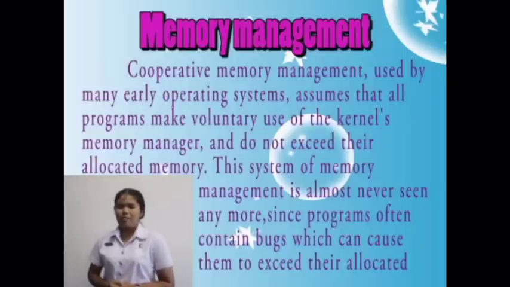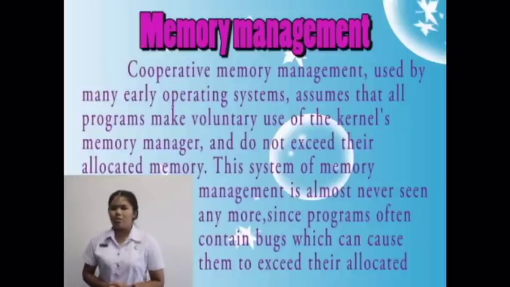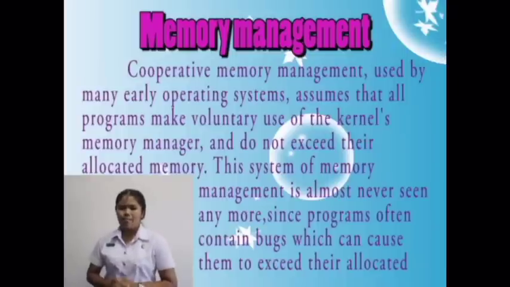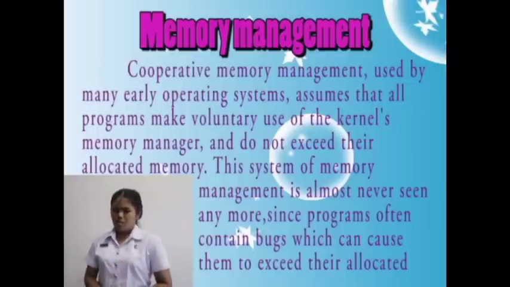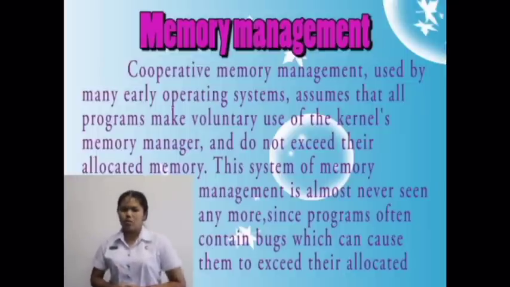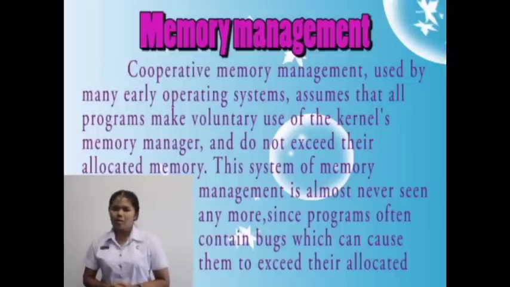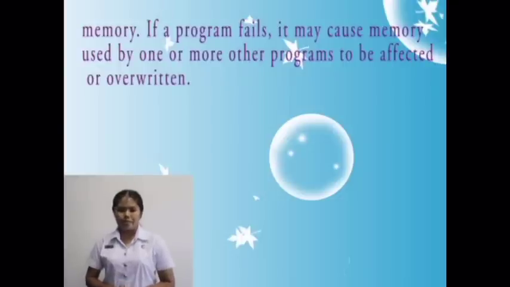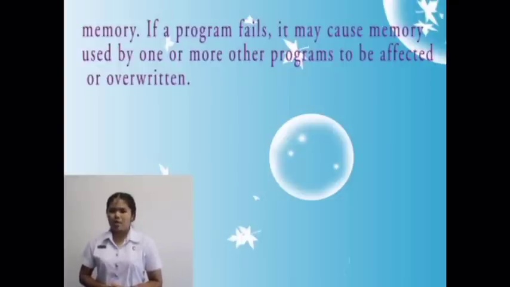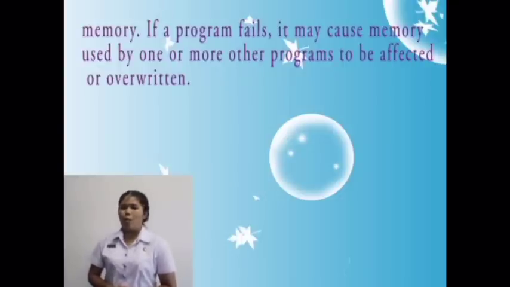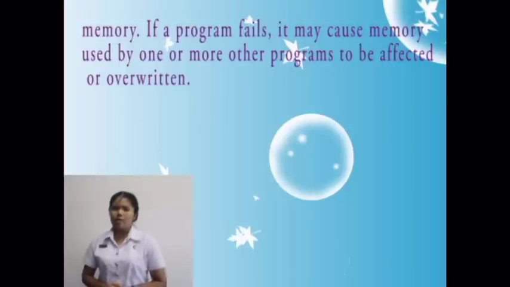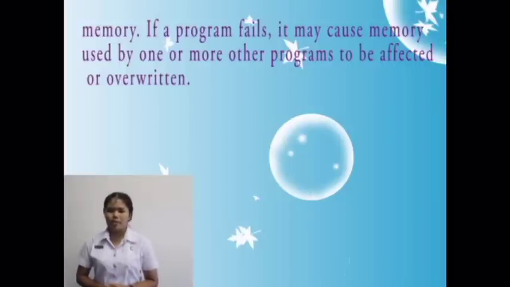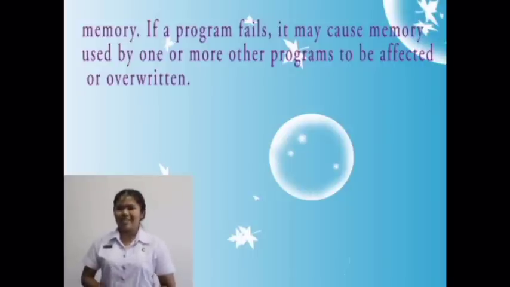This system of memory management is almost never seen anymore, since programs often contain bugs which can cause them to exceed their allocated memory. If a program fails, it may cause memory used by one or more other programs to be overwritten.